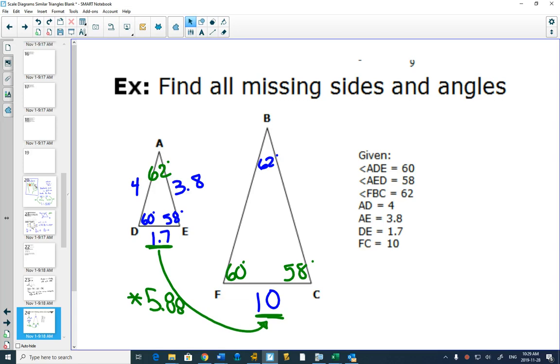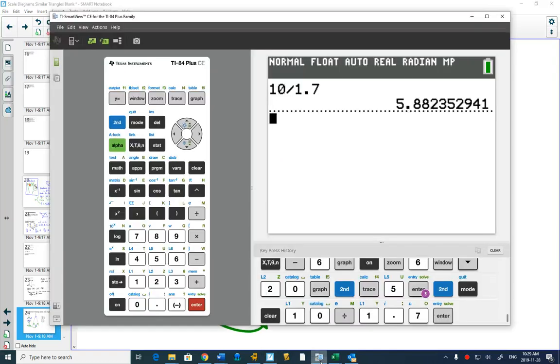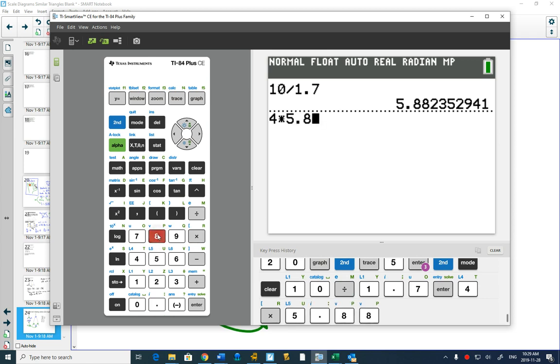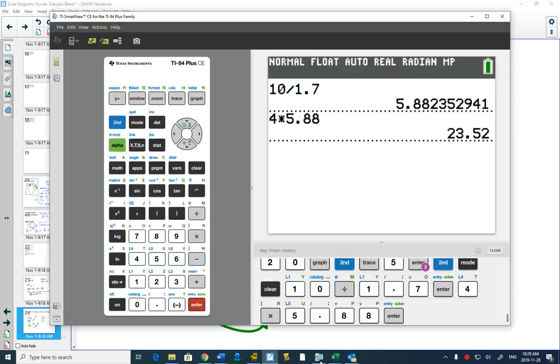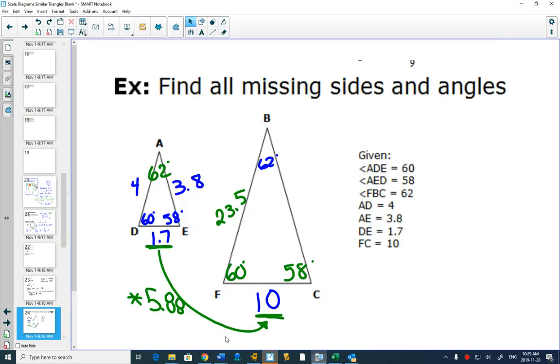So if I want to find this side, I have to take 4 and I need to multiply it by 5.88. So go to my calculator. 4 times 5.88 equals 23.5. So I now know that this side is 23.5. Did I round correctly? Yes, I did.